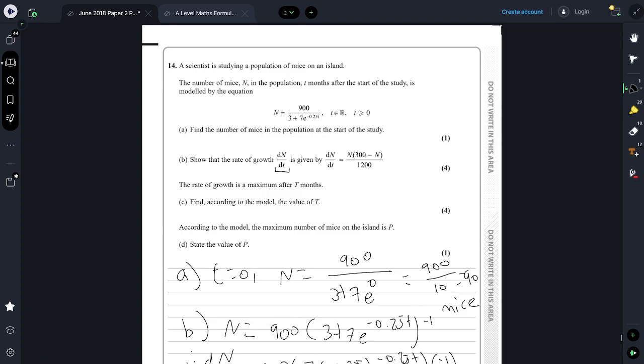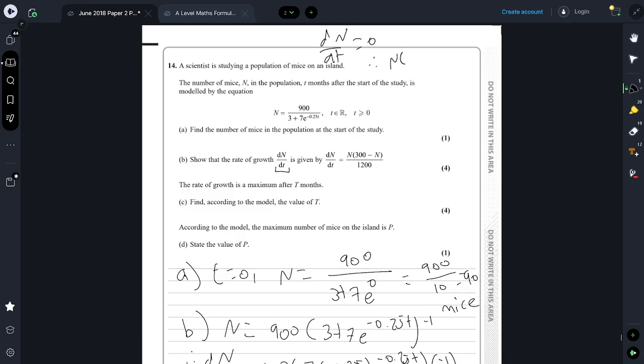The computational way is doing the derivative, setting it to zero for the turning point, and then differentiating again and finding the maximum. So dn by dt is 0, so the maximum number of mice. And then differentiate again. But actually, we already know the first derivative.